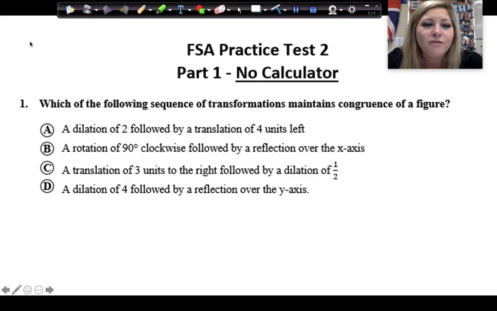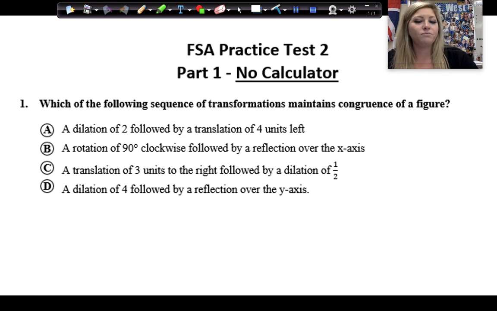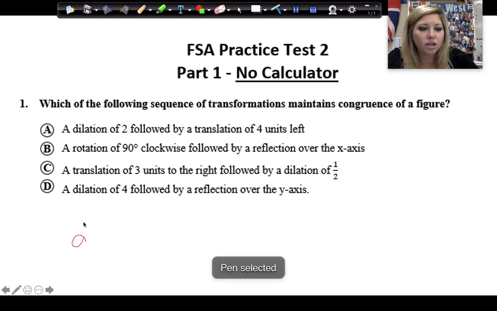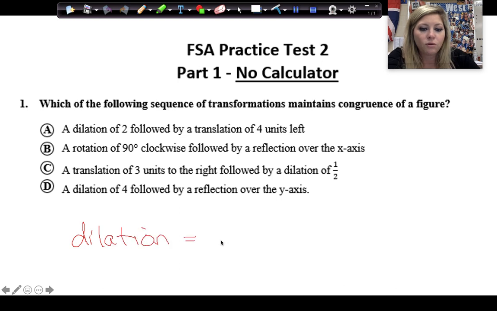So first question, which of the following sequence of transformations maintains congruence of a figure? So remember, the only one that is not congruent is going to be dilation. Dilation equals not congruent.